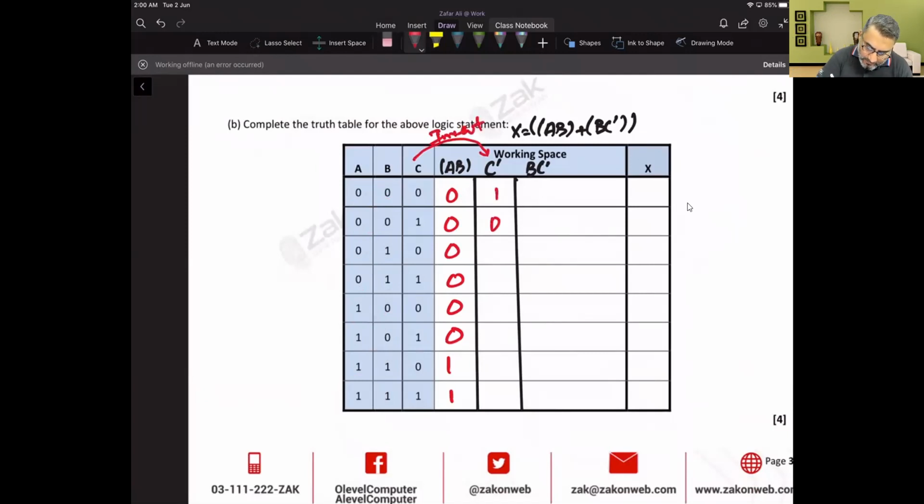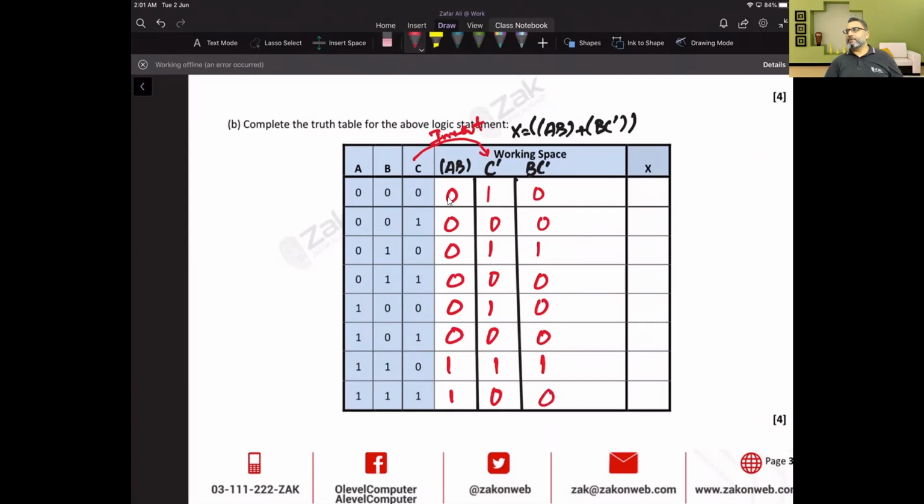So 1 0 1 0 1 0 1 0, and then BC not. BC not means we have to consider this B and C not. Now B and C not would be over here 0 0 1 0 0 0 1 and 0.